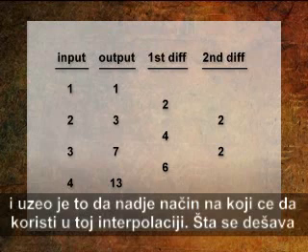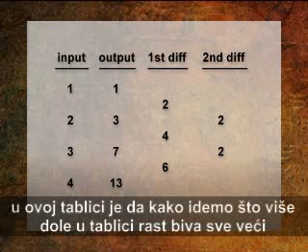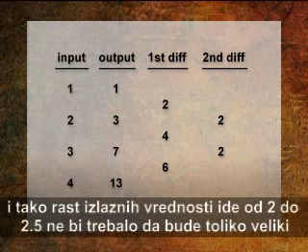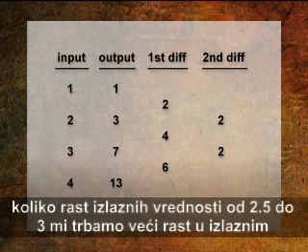What is happening in this table is that as we move further down the table, the increase gets bigger. And so the increase in the output going from 2 to 2.5 should not be as big as the increase in output as we go from 2.5 down to 3. We need a bigger increase in output.